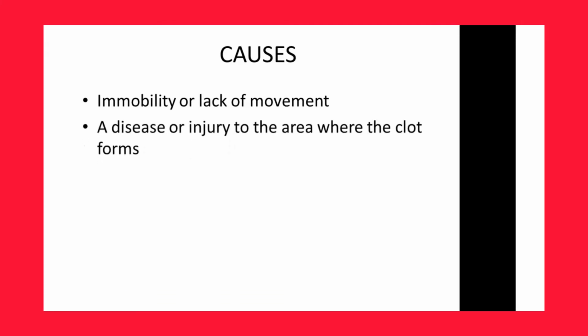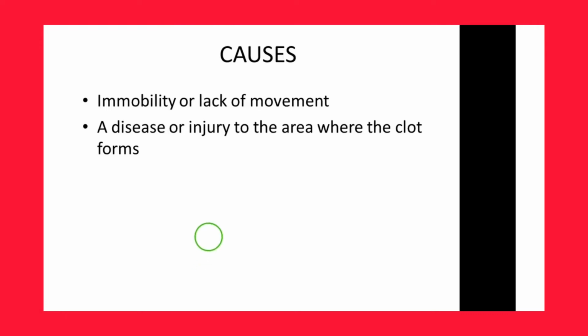The causes of blood clot: one is immobility or lack of movement, where you are seated for a long time in the same position. A disease or injury, like COVID-19, really causes this coagulation disorder, as does injury to the area where the clot forms.